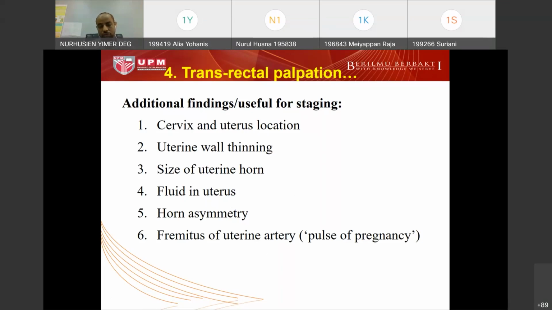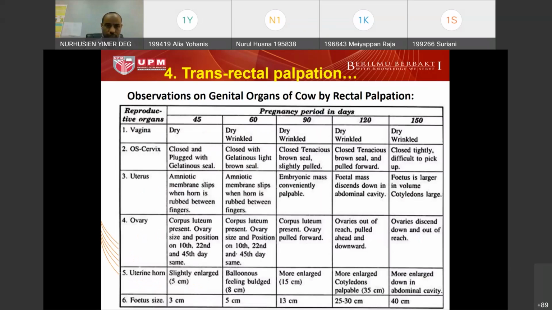So to make sure that you are actually talking about the uterine artery, not other blood vessels in the region, leading to a misinterpretation and misdiagnosis.